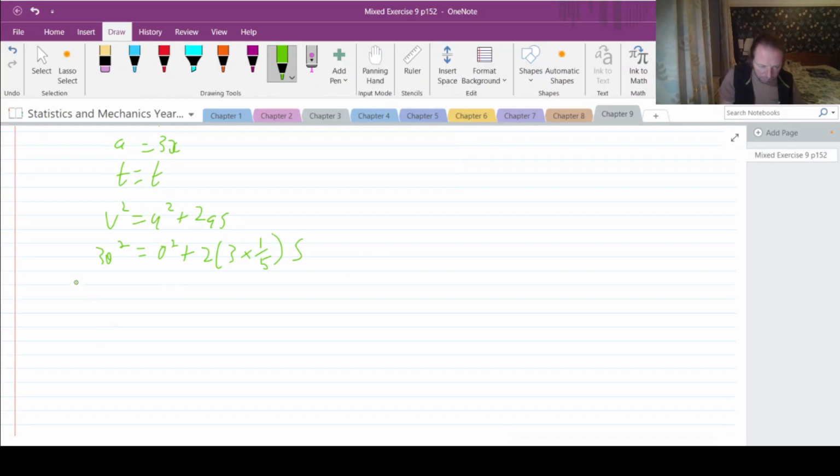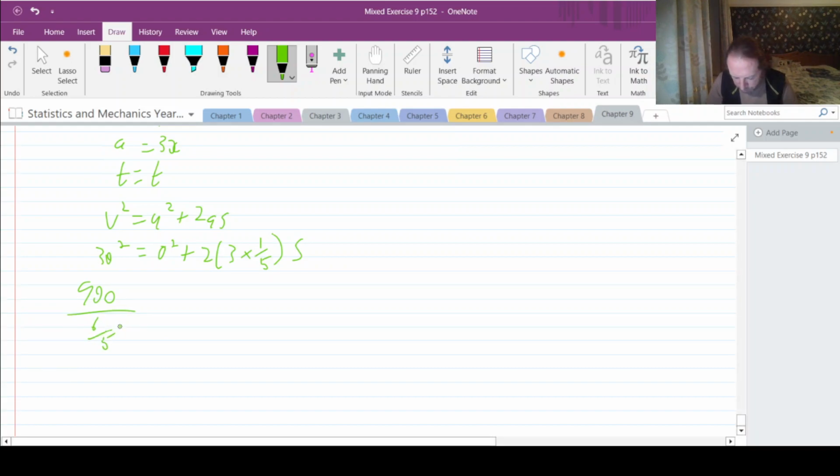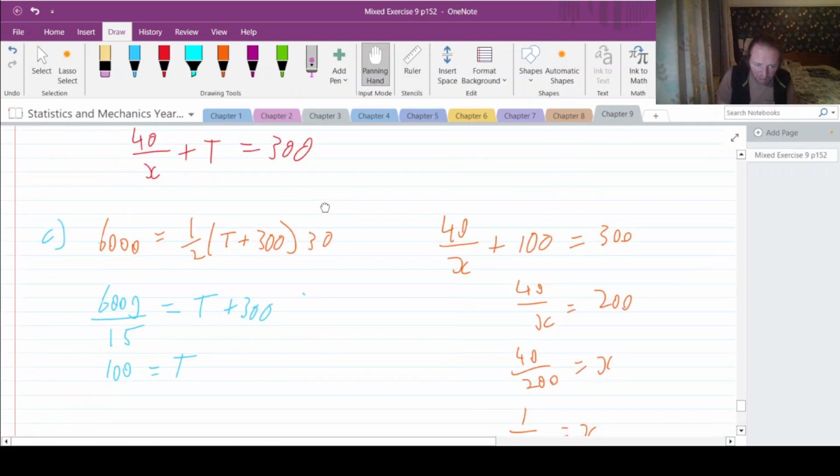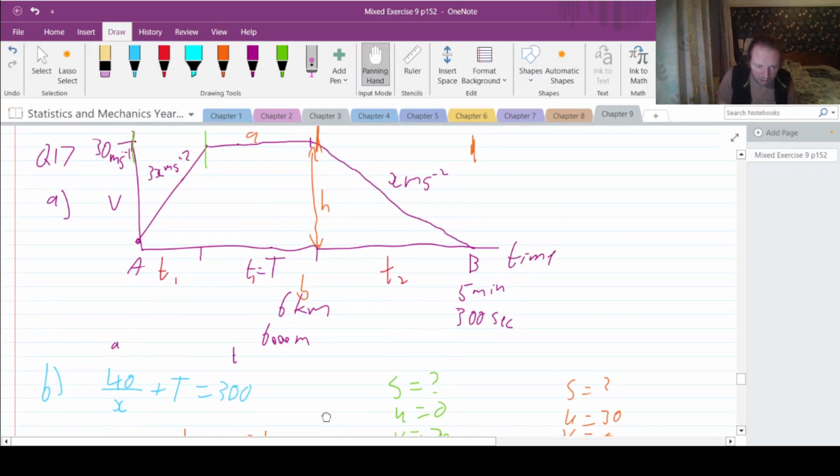So 900 being divided by, 3 times a fifth is 3/5, times 2 gives you 6/5, and 900 divided by 6/5 is 750 meters, which equals s.